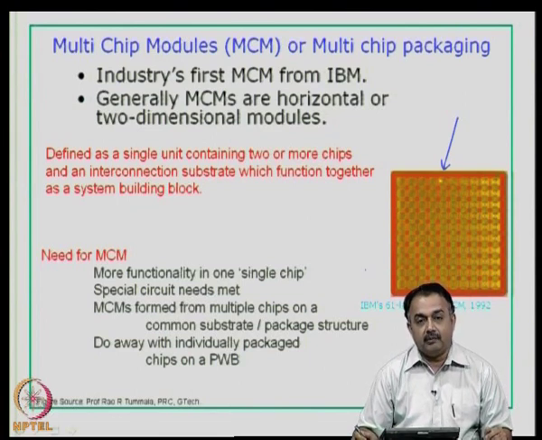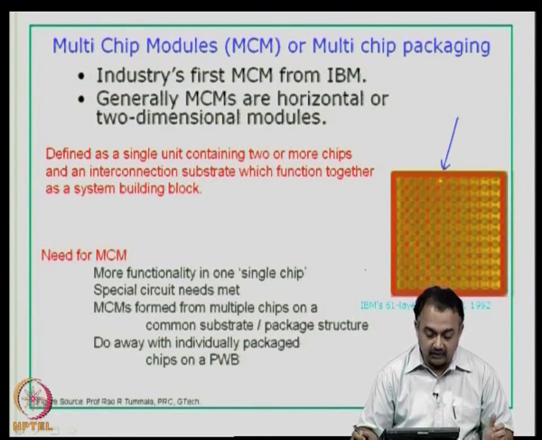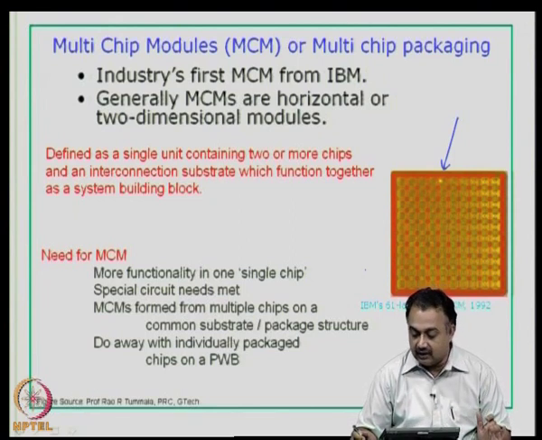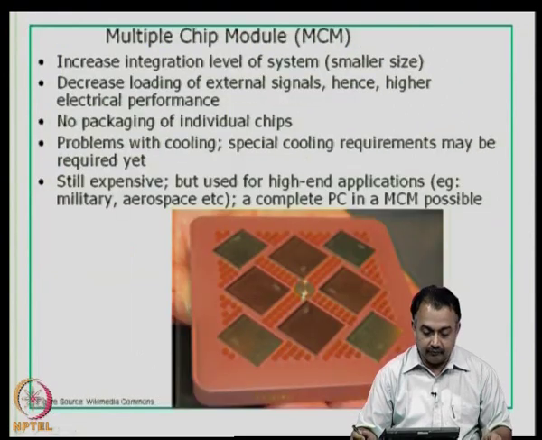Special circuit requirements are met by using this because of certain functional requirements. Multi-chip modules form multi-chips on a common substrate. Therefore, you can choose a substrate that has a very good property, and that suits the various functionalities that are embedded in the module. And you can do away with individually packaged chips on a printed wiring board.